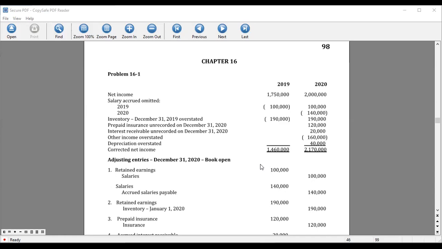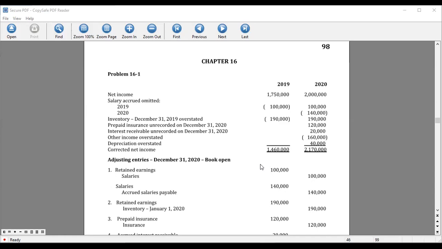Now we go to the adjusting entries on December 31, 2020, when we assume now that the books are still open. So number 1, we debit retained earnings for 100,000. That's why we are deducting from net income. And credit to salaries. So credit to salaries, meaning we have this amount was recorded as salaries expense in 2020.